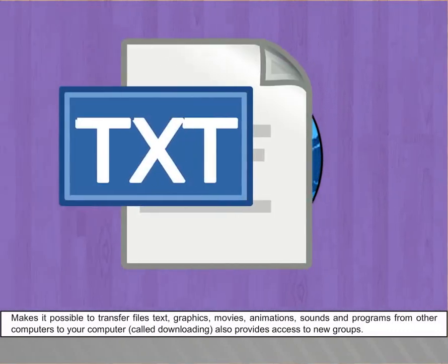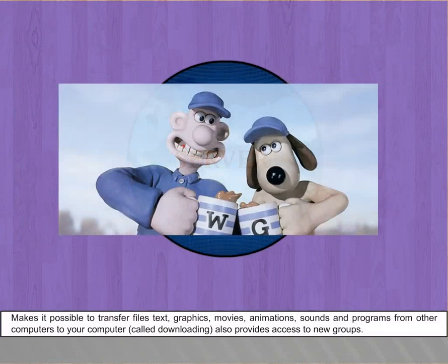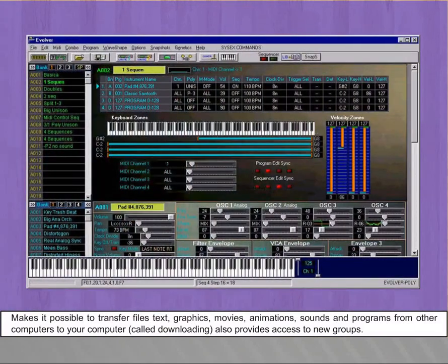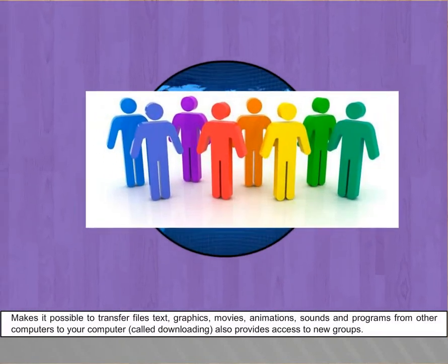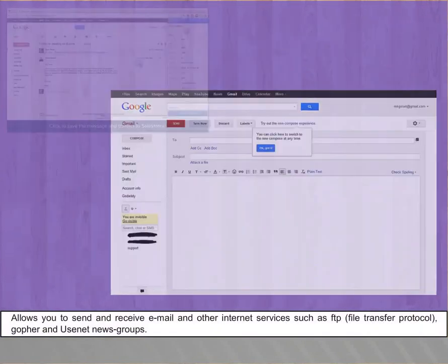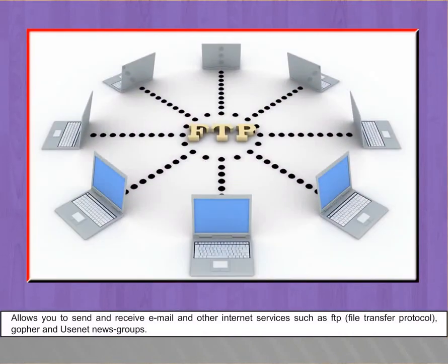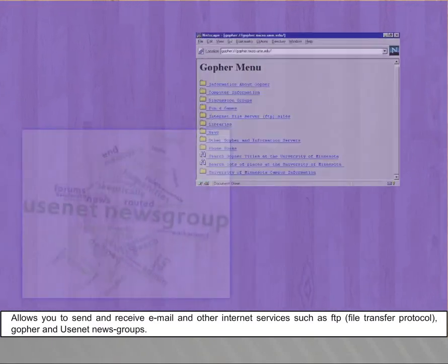They make it possible to transfer files, text, graphics, movies, animations, sounds, and programs from other computers to your computer, called downloading. They also provide access to news groups, and allow you to send and receive email and other internet services such as FTP, that is File Transfer Protocol, Gopher, and Usenet News Group.